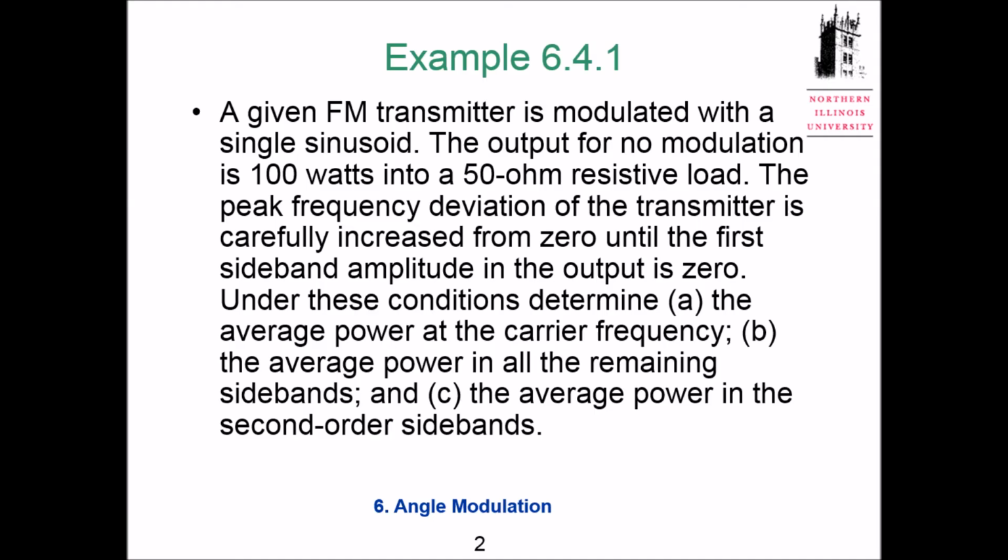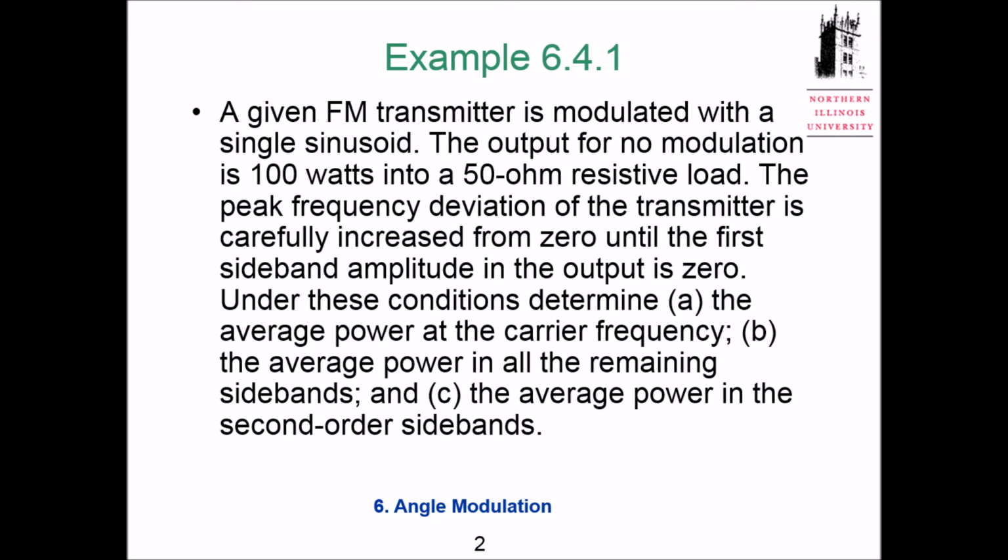We didn't use the 50 ohm at all. The output for no modulation is 100 watt. If we use half A squared, we should consider the 50 ohm resistor. But we talk about the power, so the R value does not matter.